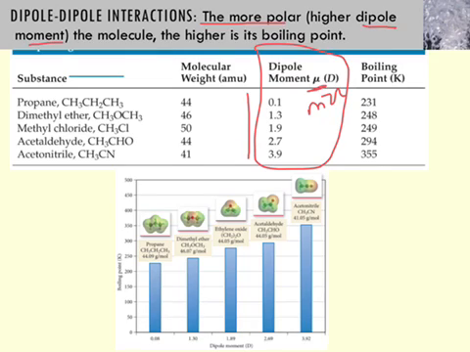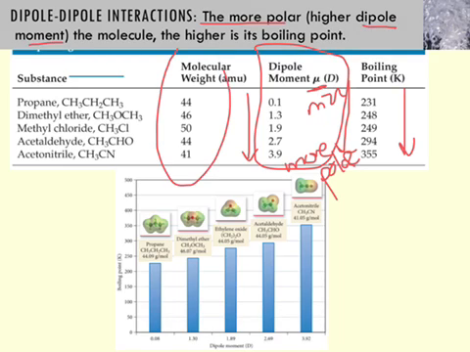So the higher the dipole moment is, the more polar a compound is. And what effect do you expect more polar to have on boiling point? You see, as dipole increases, so does boiling point. Very good correlation. And the molar masses are about comparable for all of these.